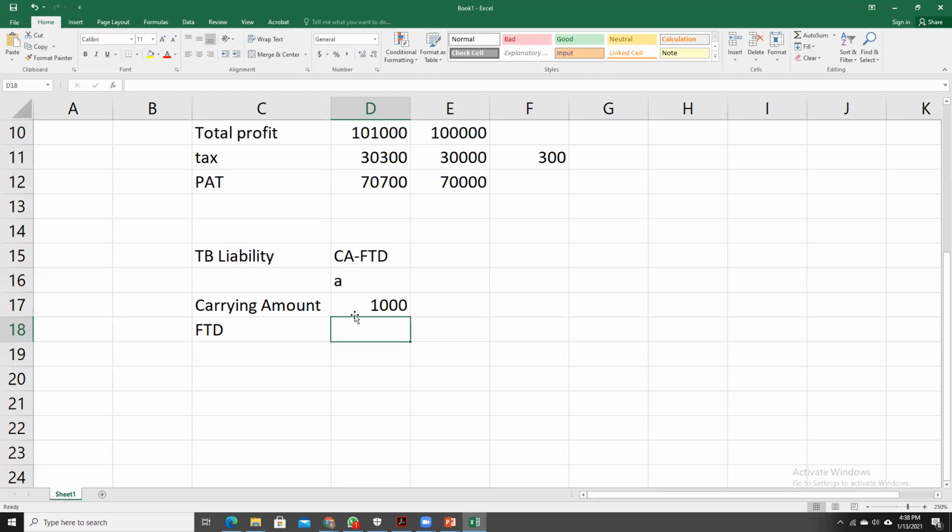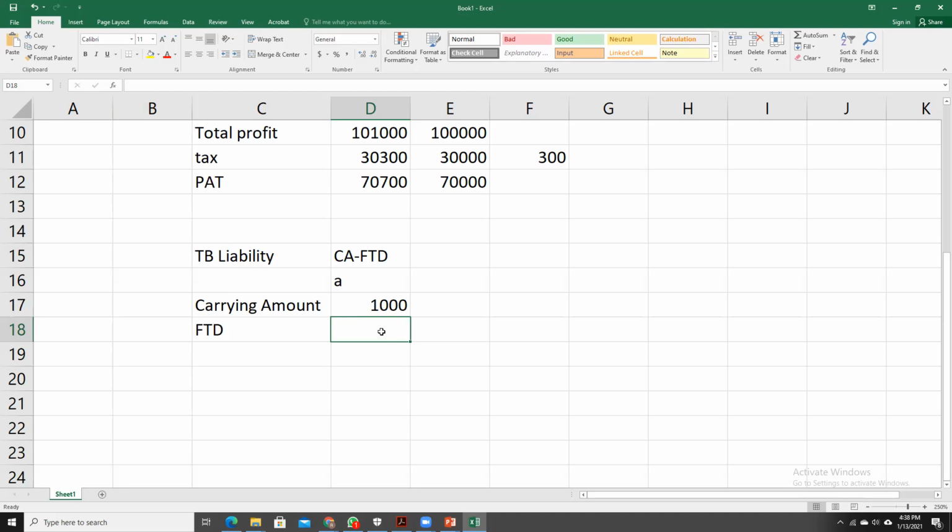Okay, good. So when you pay next year, is it a tax deductible expenditure or not? When you pay the wage next year in cash, it will be considered. So in future it is future tax deductible.